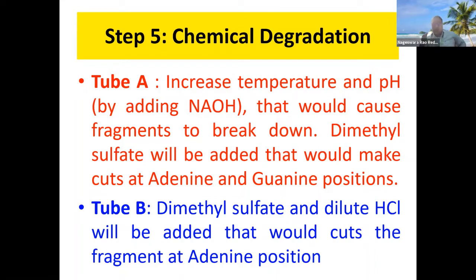Now move to tube B. In tube B, we add dimethyl sulfate and dilute HCl, and this will make cuts at only adenine positions. So here you can see adenine is common, and here it's only adenine.